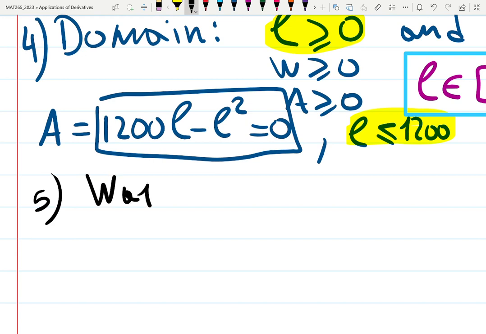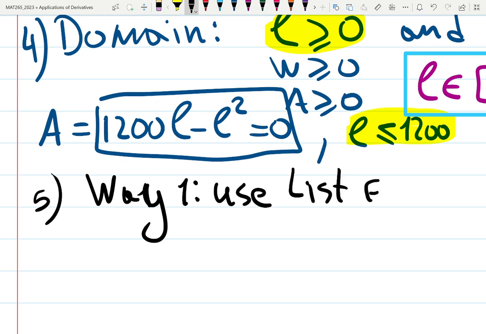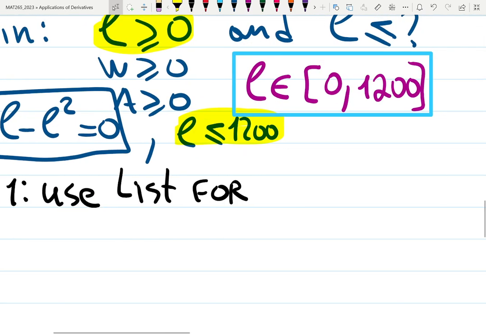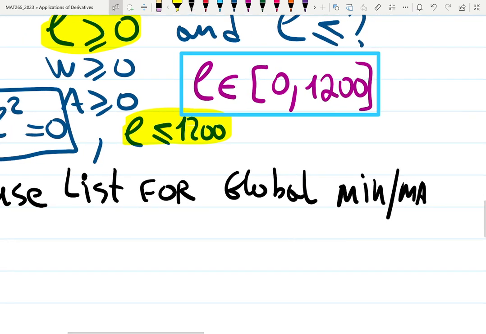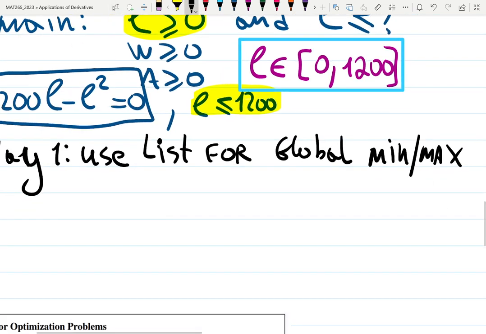So for step 5, way 1, use a list for global min max. Remember, on the closed interval.